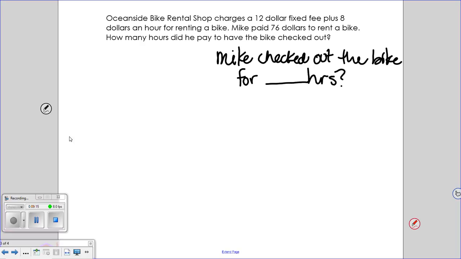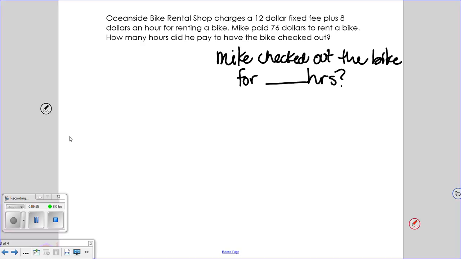Do we know how many hours? No. If we did know, I wouldn't have a problem to solve. I would be done. That how many at the very end of the paragraph confused me, because I thought it was the hours that he rode for.